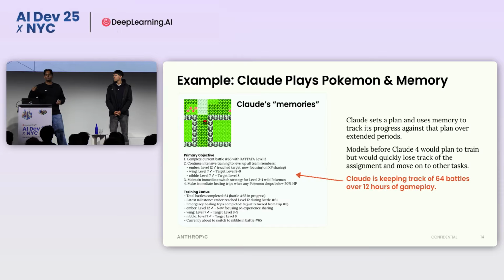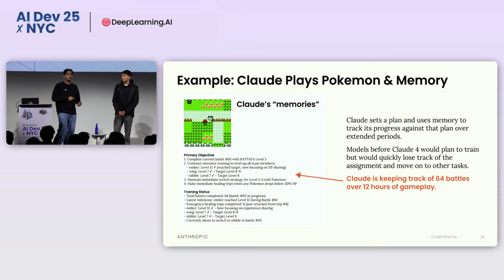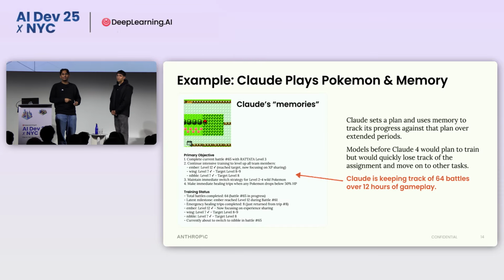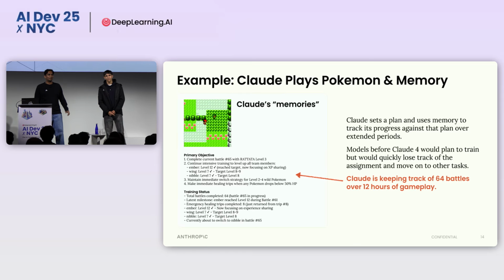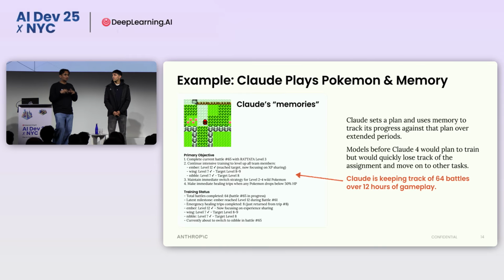So it creates a single markdown file for each town it traverses, each Pokemon gym, each puzzle, even each route that it's going through, right? And that's the model just having a better sense of how do I structure my memory optimally for future instances of myself, that it's able to do relatively unprompted, which is really, really cool to see.